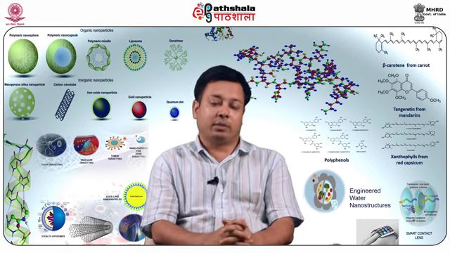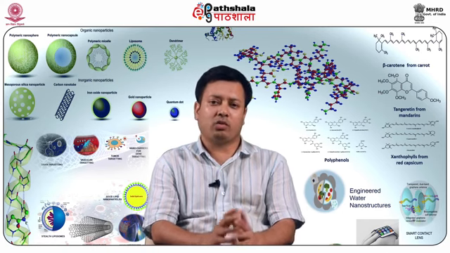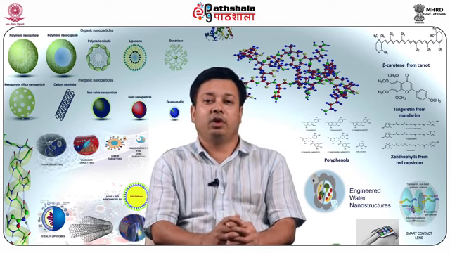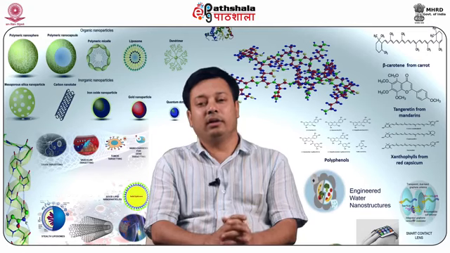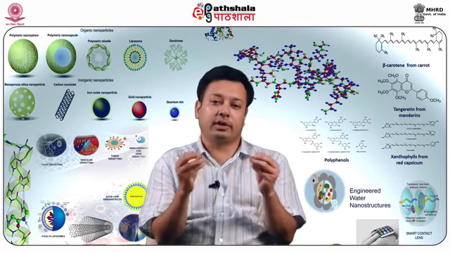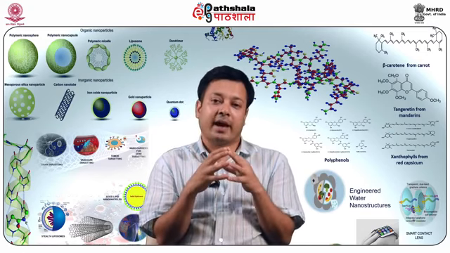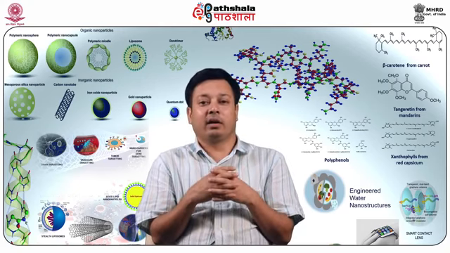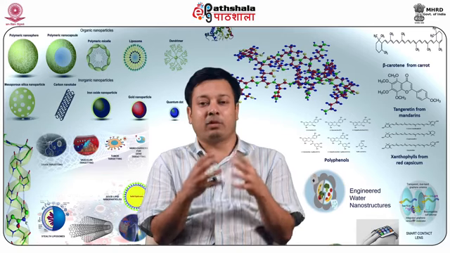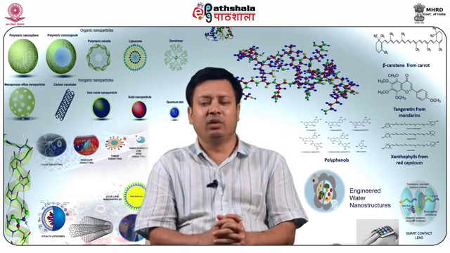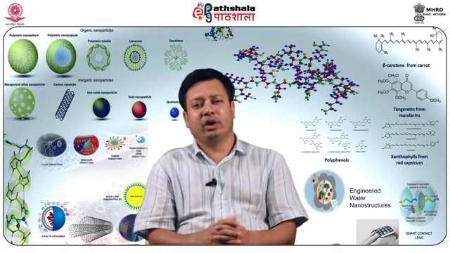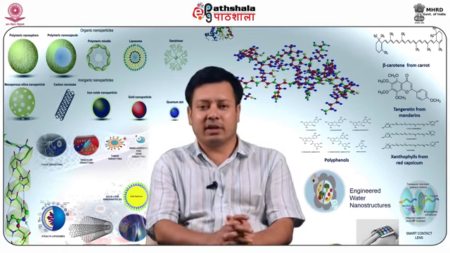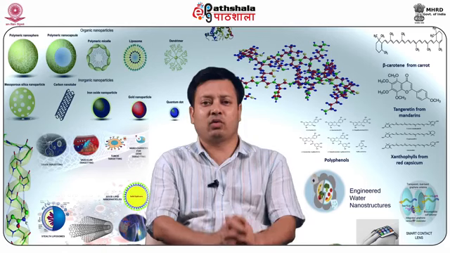So let's summarize what we have learned so far in this module. First of all, we learned how different non-covalent interactions act together and become a force to reckon with in stabilizing a particular complex. In that regard, we have looked into two different types of cooperativity: allosteric cooperativity and chelate cooperativity.